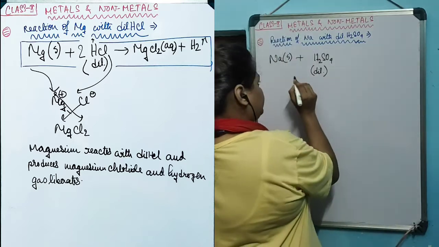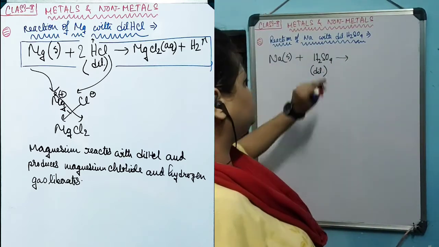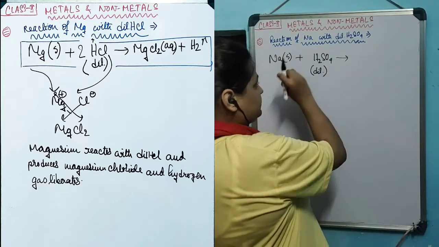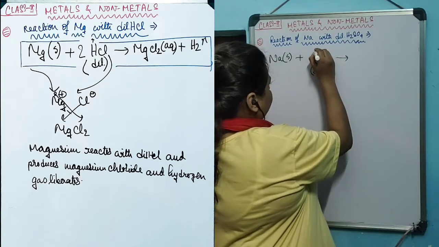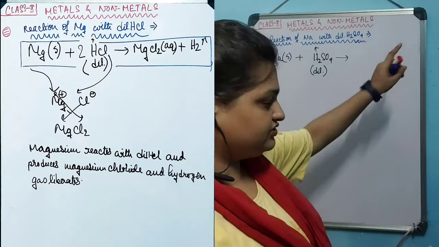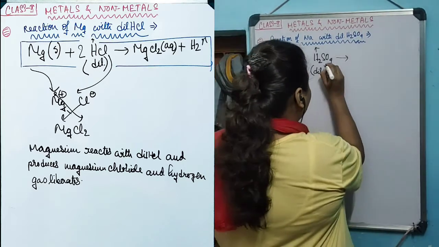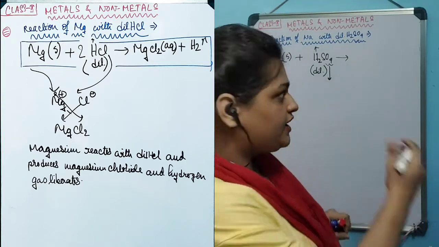Now, we know that during this reaction of sodium with this dilute acid, its respective salt will be produced. The hydrogen part of the acid always produces hydrogen after the reaction, and the remaining part produces the salt of the acid by combining with the metal.